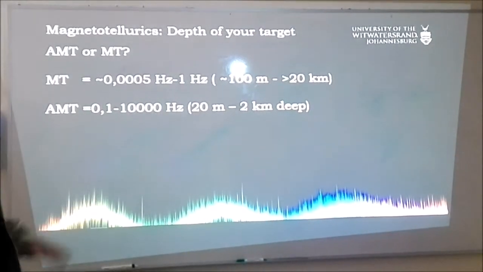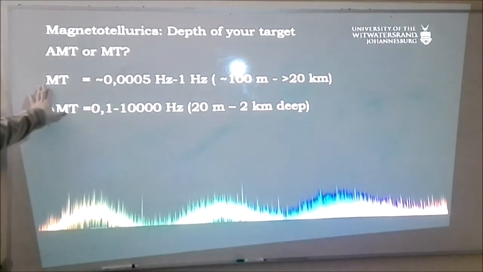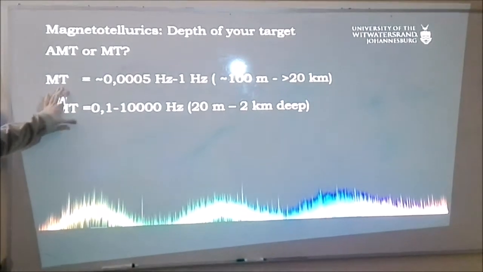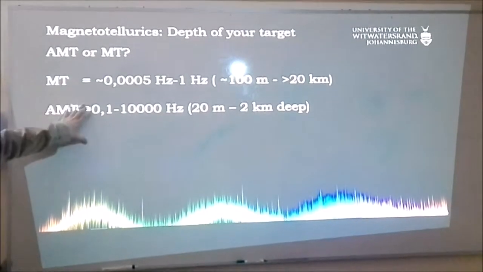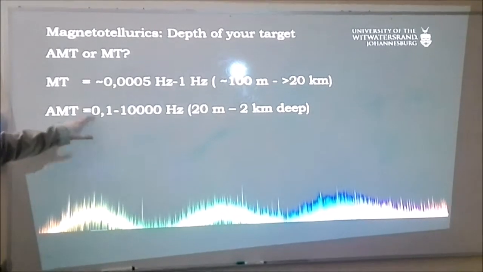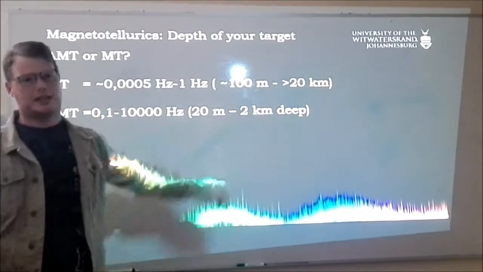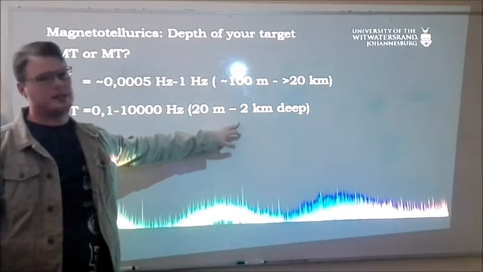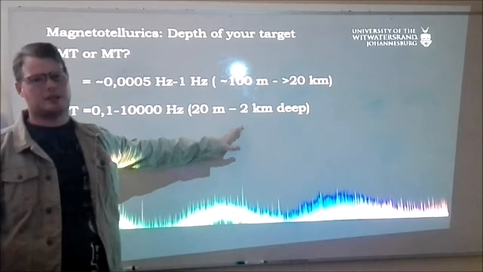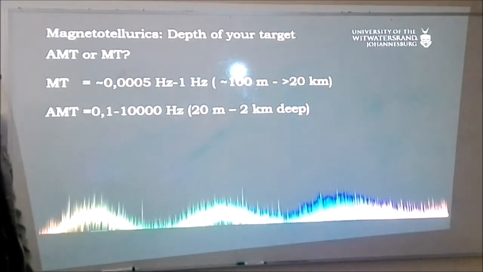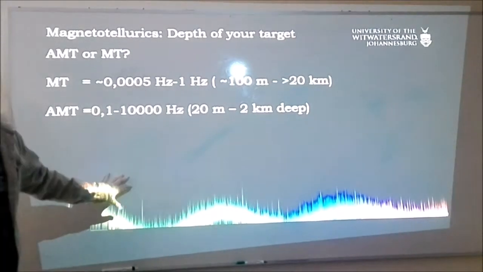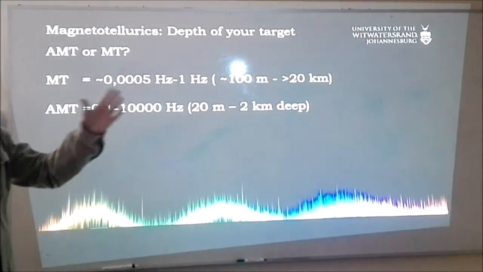This is really where you start when you ask someone what their target is and how deep it is, because this will determine what equipment you'll be using. For field school, this is all we have, so we can't go deeper than this. We try to compare our data to other methods, and 2 kilometers is a bit of a stretch. With Stratagem, 300 meters is a really good range for us.